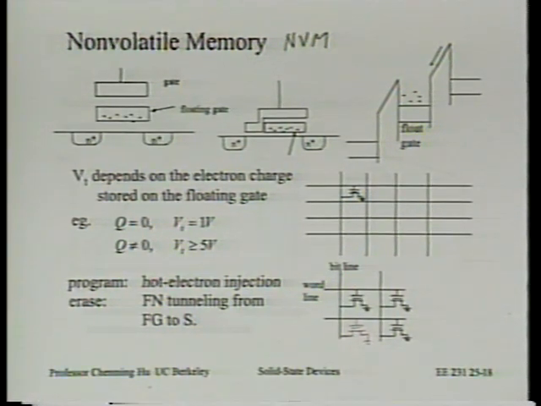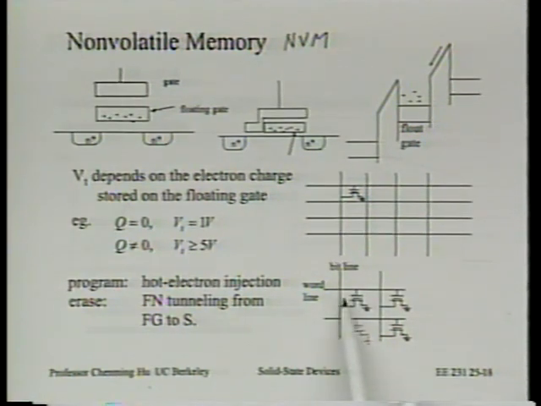So what you do is apply, say 5 volt, usually we'll apply the VDD to the lower word line, and then use the sense amplifier to sense whether current flows through this left bit line or not.